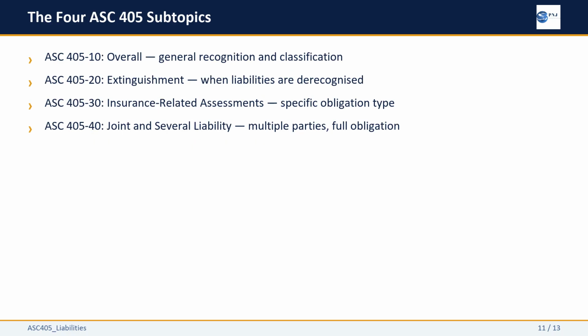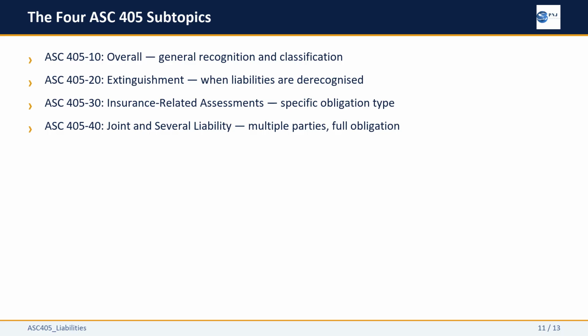ASC 405 is organized into 4 subtopics, and knowing what each one covers matters for looking up the right guidance. ASC 405-10 is the overall subtopic. It provides the general recognition criteria, the definition of a liability, and classification guidance.